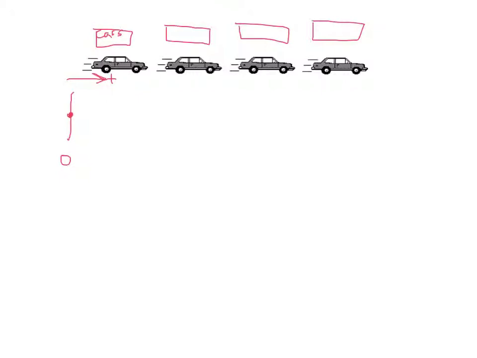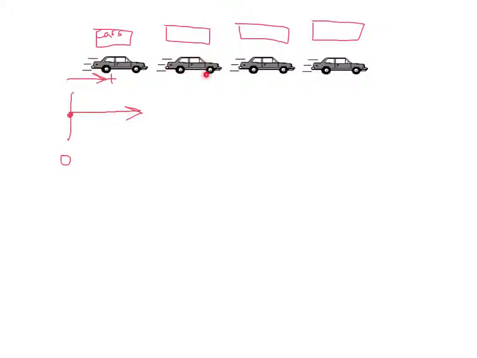Because we know that the car is actually moving and it has some velocity, we draw an arrow, because velocity vectors are arrows. This indicates a velocity in the positive direction for the car at this moment in time.